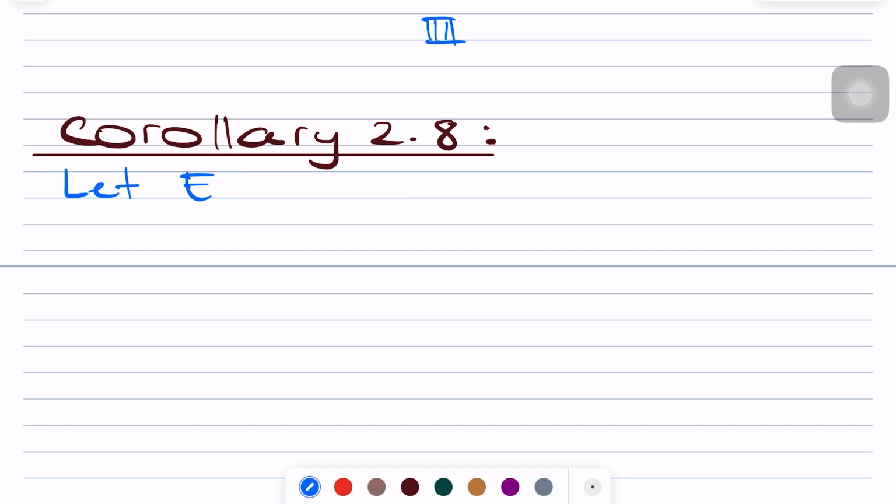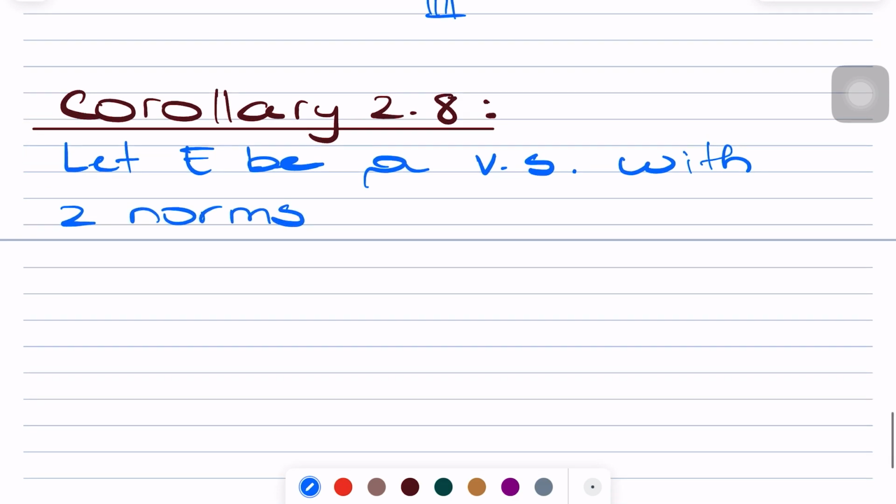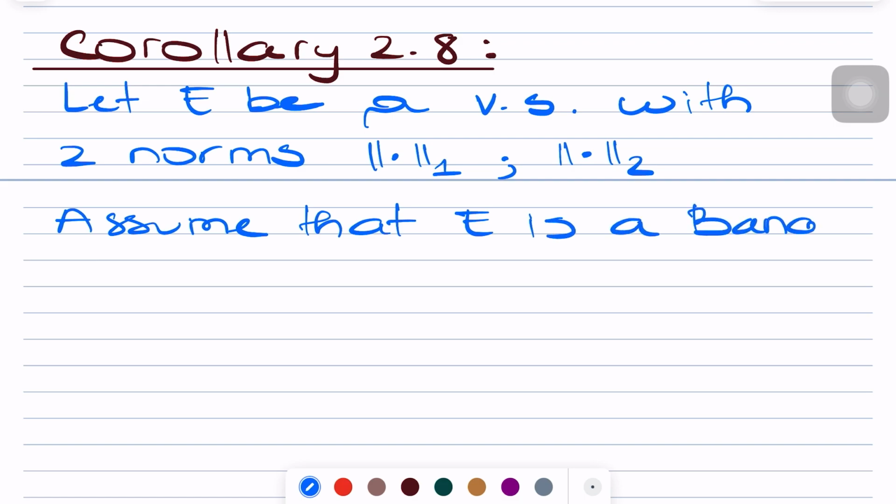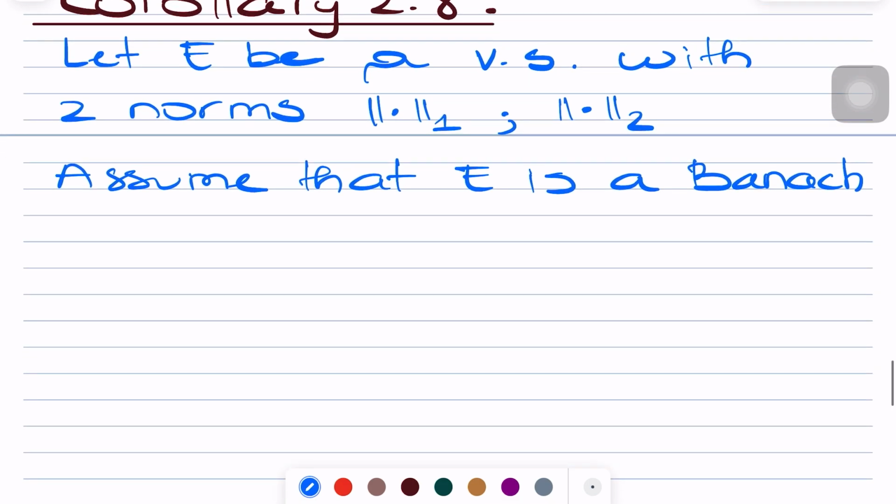So assume that E is a Banach space for both norms.